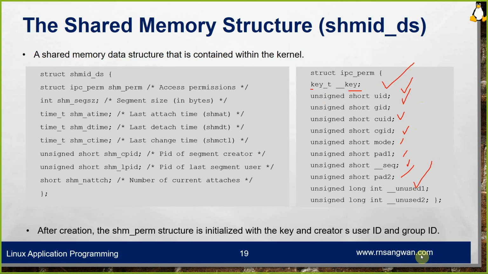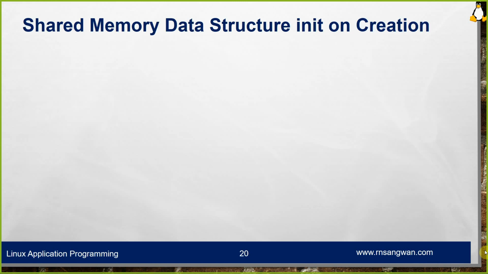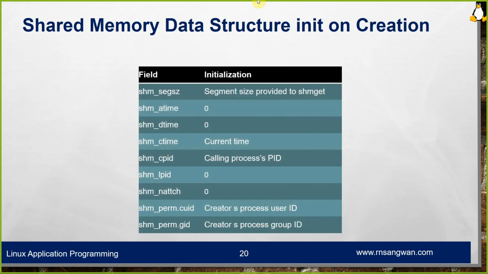After creation, the shm_perm structure is initialized with the key and the creator's user ID and group ID. Shared memory data structure initialization: when you initialize, what happens on creation? It is filled in. shm_segsz is the segment size, the size provided.